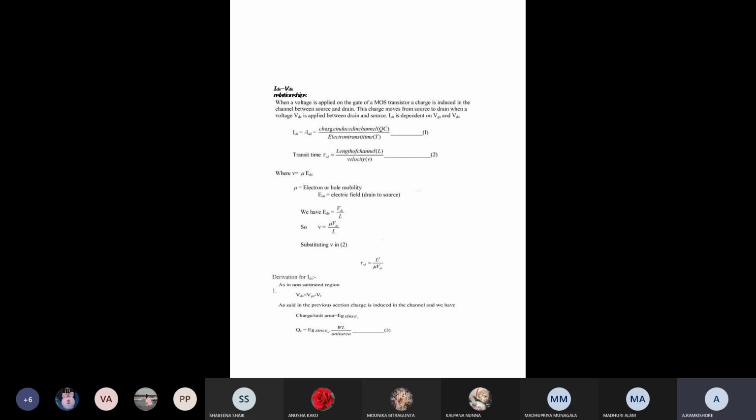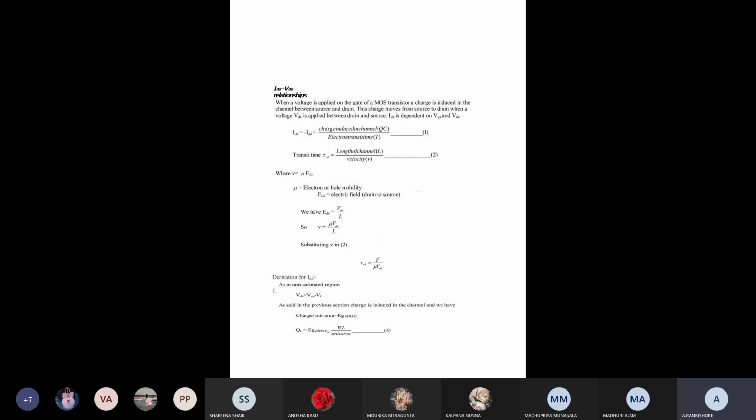Whatever charge is developed in the channel is based on the voltage supplied between the gate and channel. So the effective gate voltage is V_g equal to V_GS minus V_T, where V_T is the threshold voltage and V_GS is the gate to source voltage. The effective gate voltage depends on V_GS minus V_T.